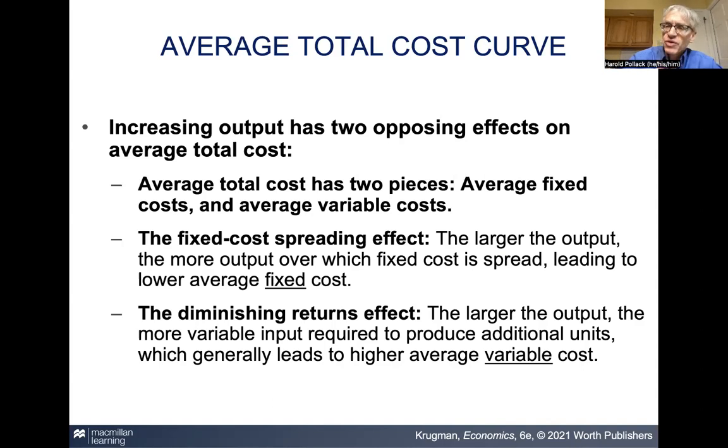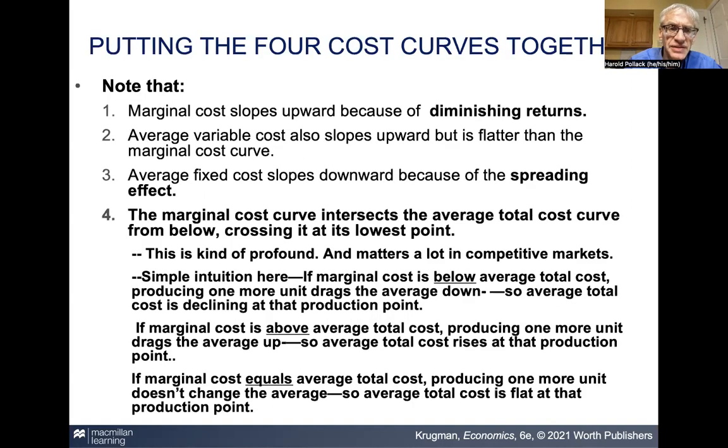The average variable cost also may look like a U, but eventually it's going to be pushing up. So marginal cost curves eventually slope upwards because of diminishing returns. Average variable costs also slope upwards, but tend to be flatter than the marginal cost curve. The marginal cost curve basically starts to drag the average variable cost curve up.